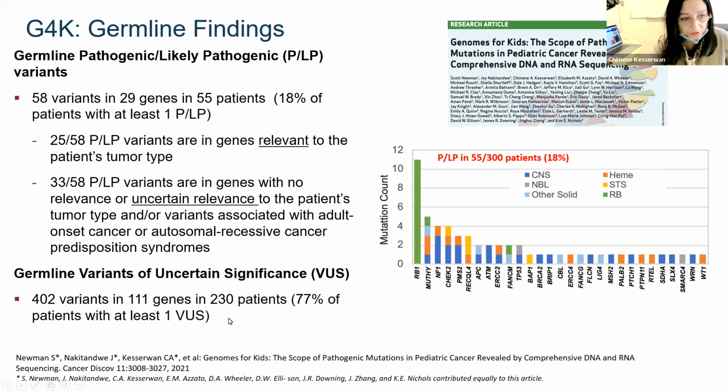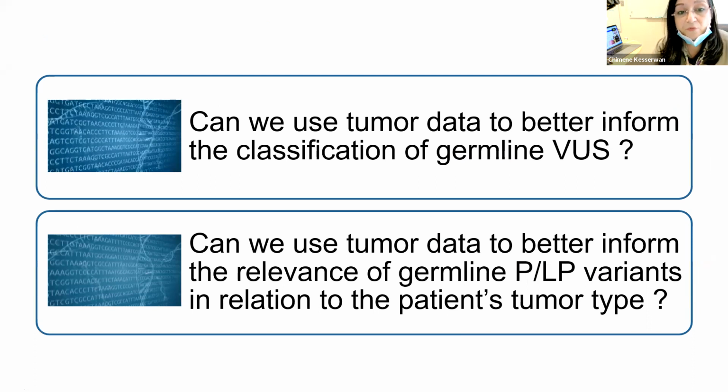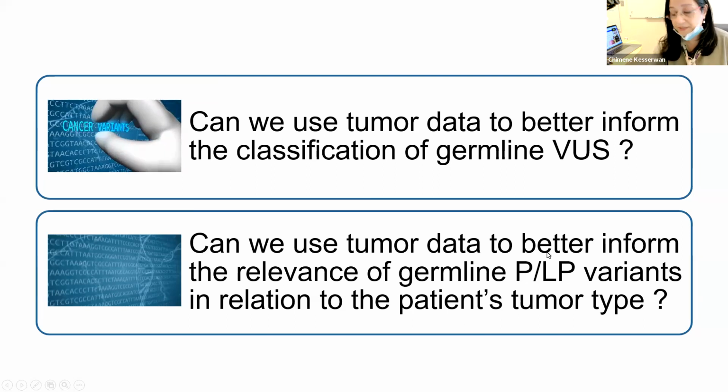In addition, we did find variants of uncertain significance. 77% of the patients had at least one variant of uncertain significance. And that was meticulous work where we went over each one of these variants and followed the ACMG guideline for classification. But the first question that we asked: can we use tumor data to better inform the classification of germline VUS?